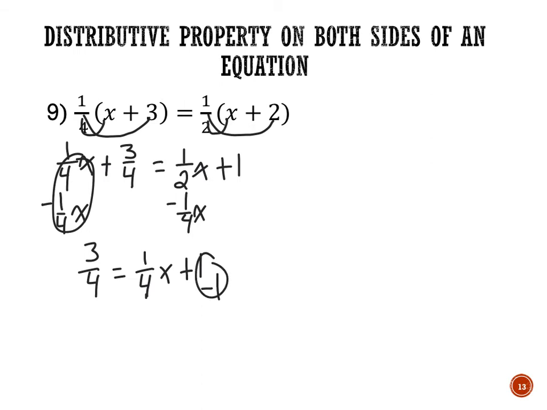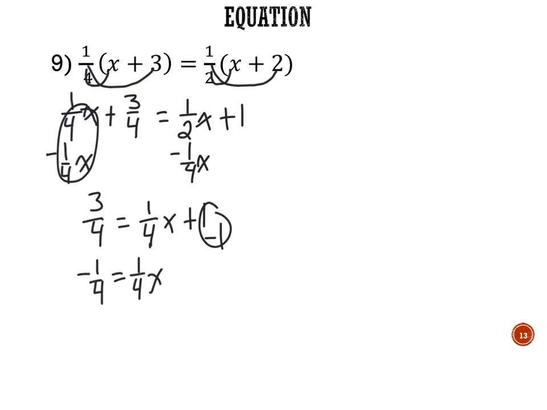So 3/4 minus 1 equals negative 1/4 equals 1/4 x. Divide by 1/4. So negative 1/4 divided by 1/4 gives me negative 1 equals x.